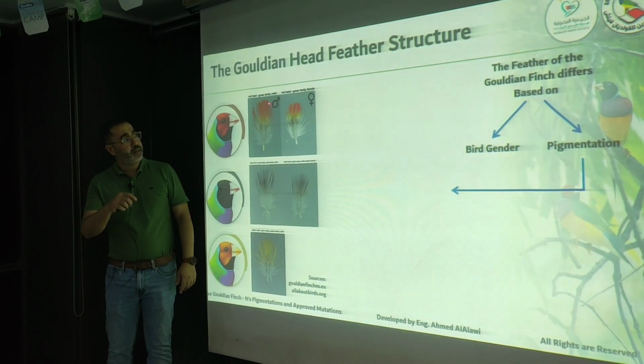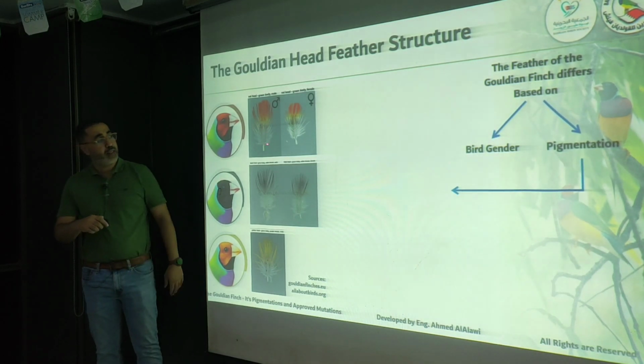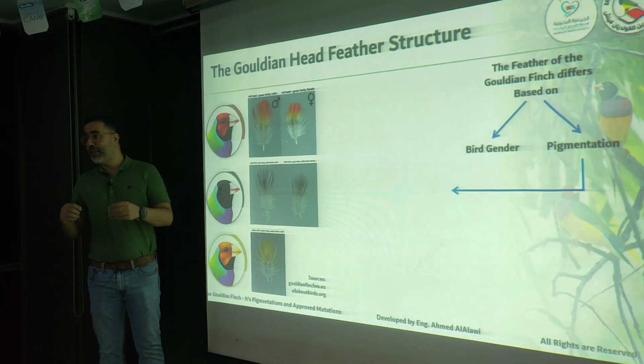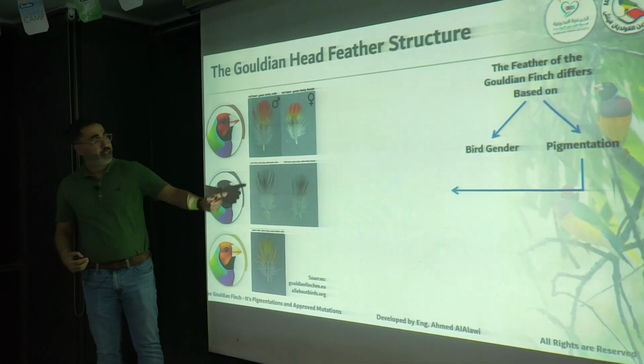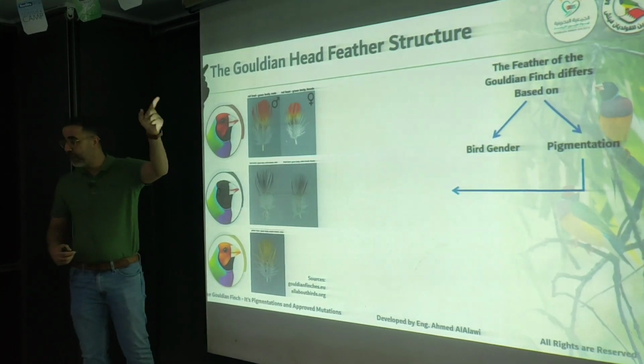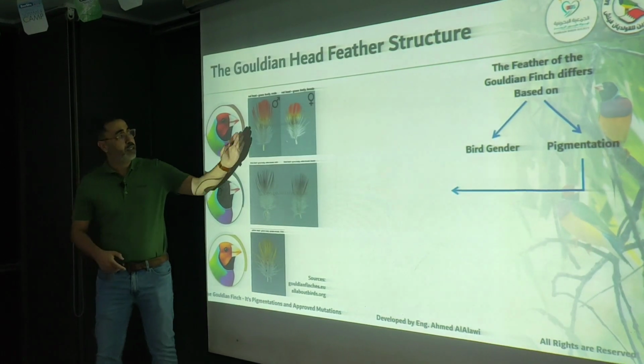Rich red. What happens as it transitions? It becomes lighter, lighter, and then it gets mixed with black. Black. Remember when I said in the beginning there is eumelanin in the head? So this is the male.